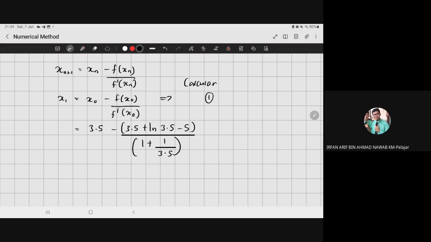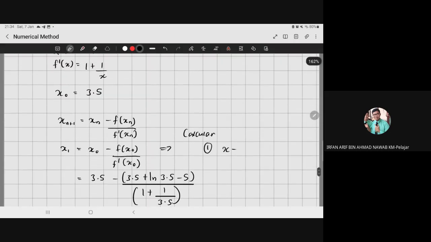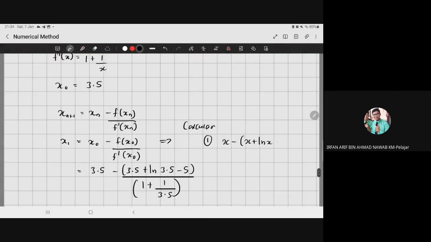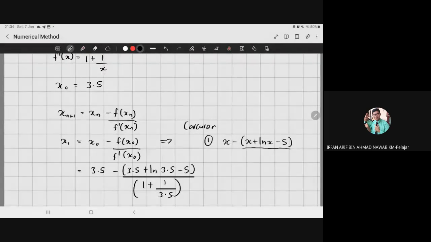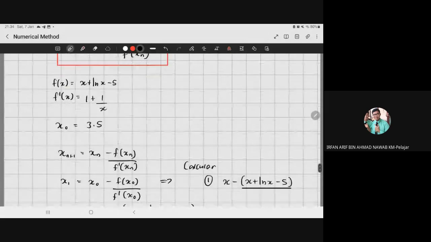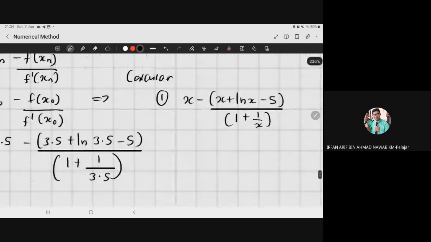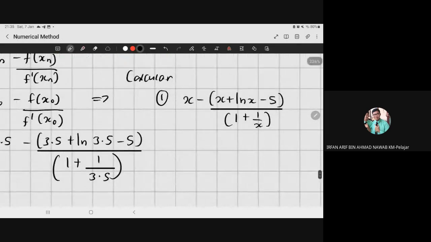First step, create an equation which is x minus the function of f, so it's x plus ln of x minus 5, divided by 1 plus 1 over x in brackets. Write this down on your calculator.